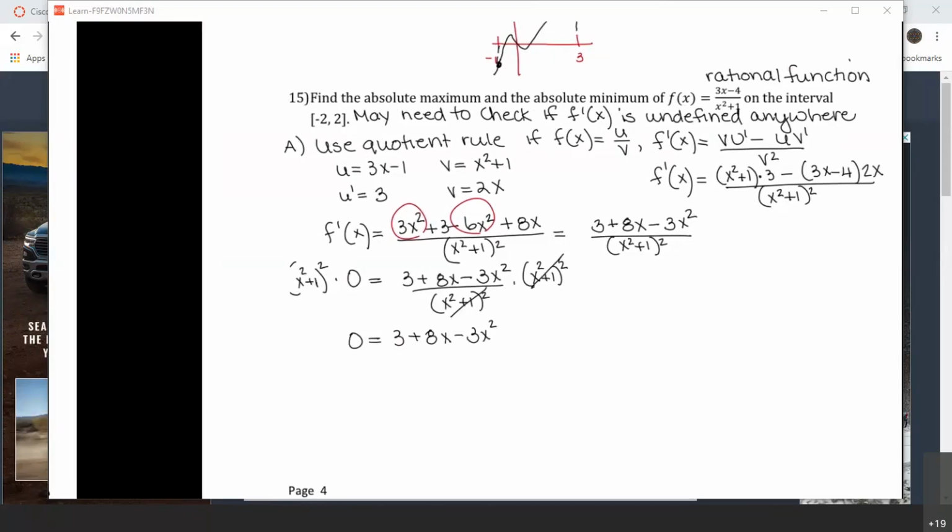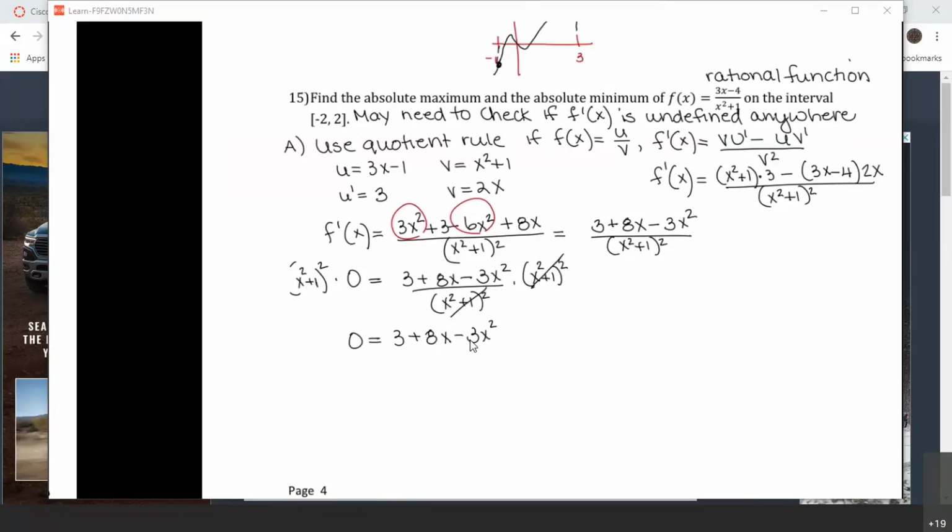So that was good news. I didn't have to deal with that messy thing squared. Multiplying by the 0 on this side just got rid of it. But that means I still have a quadratic. So what can I do with that?